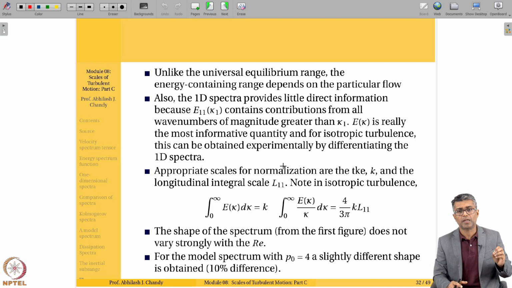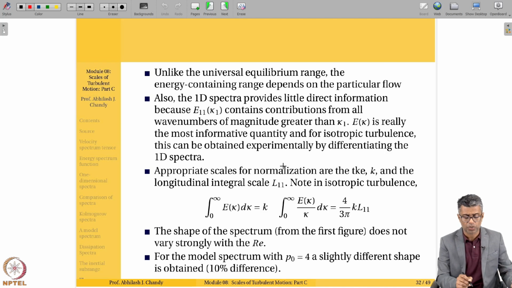Okay. Now here we are scaling it by two different quantities: the turbulent kinetic energy and L11. The turbulent kinetic energy is obtained by integrating over the entire 3D spectrum, right?